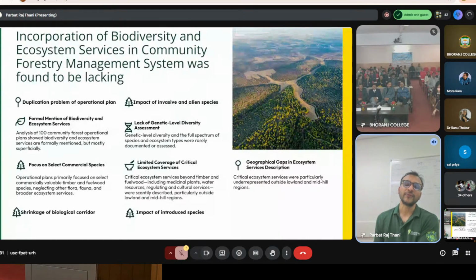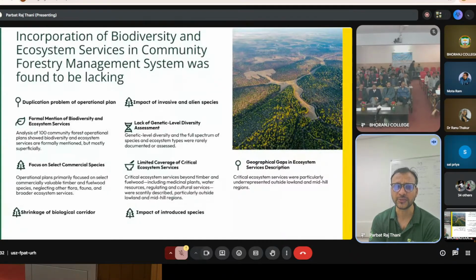And what are they? Let me explain them. The first problem was duplication of the operational plans. There are now more than 22,000 community forests across Nepal, and in many operational plans we found a duplication problem. The forest officials and technicians who work in this field are really reluctant to work in a dedicated way.